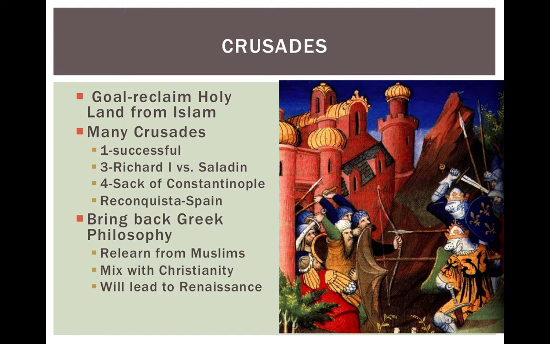And so you have the First Crusade. This crusade is successful. The Christians set up small kingdoms in Israel, the most prominent one being Jerusalem. And they will hold it for several decades, but those will eventually fall to a guy named Saladin.